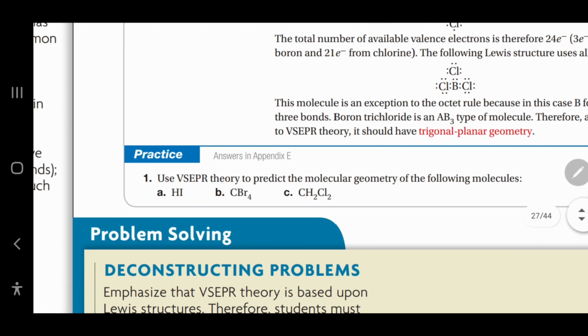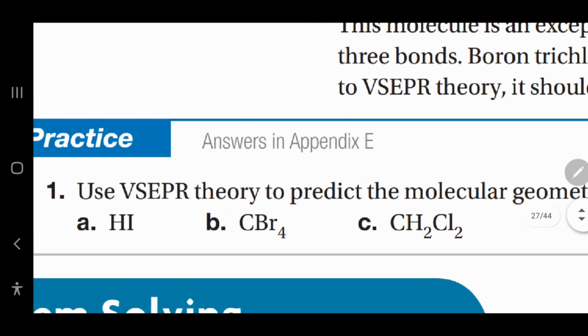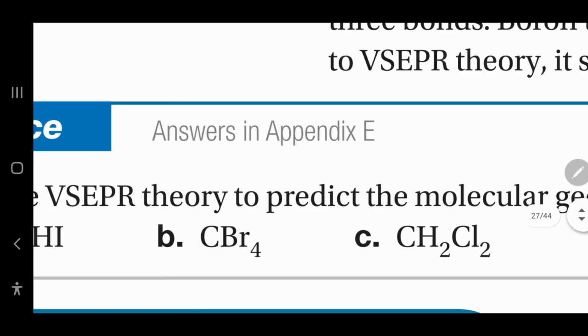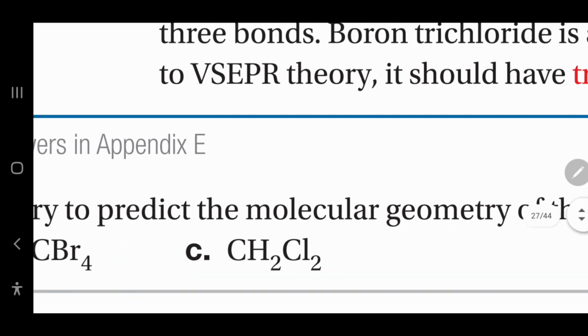What about this one? HI. Now when you have only 2 atoms, it is very clear that you will have only a linear shape. What about here? We have CF4. Obviously it is AB4, so it will be tetrahedral.